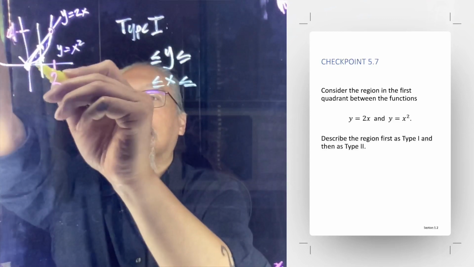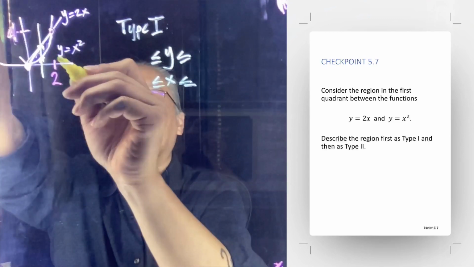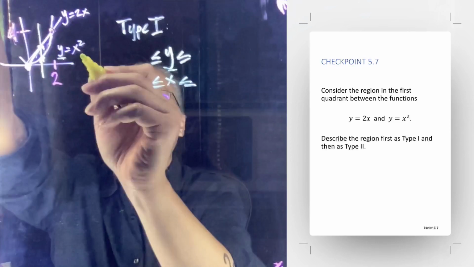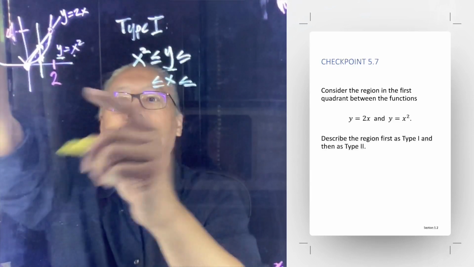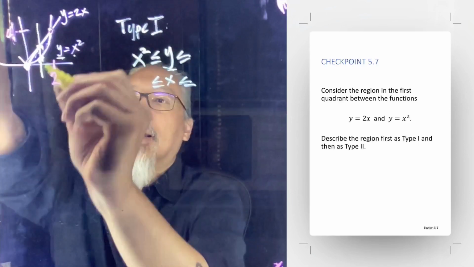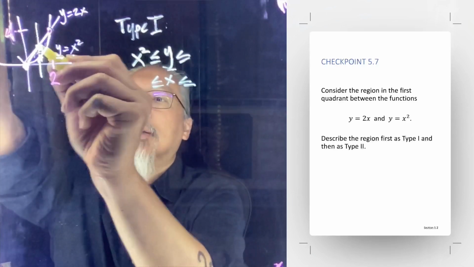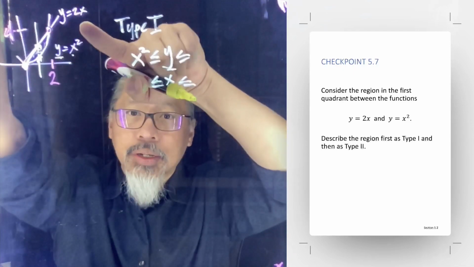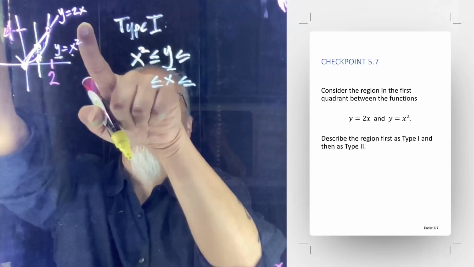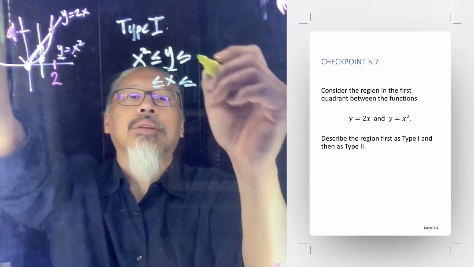So the function you're going to enter in first is a y function. Y is equal to x squared. So that's going to be your lower limit, x squared. And then you're going to be inside of the region until you hit another function that gets you out of the region. And again, it's a y equals function. Y is equal to 2x.